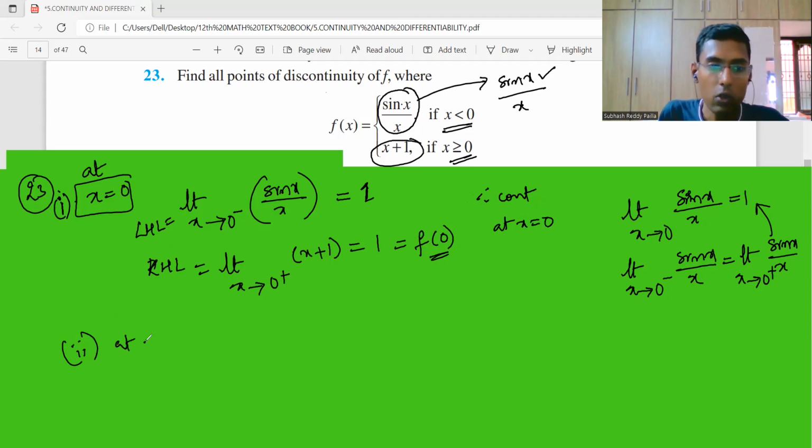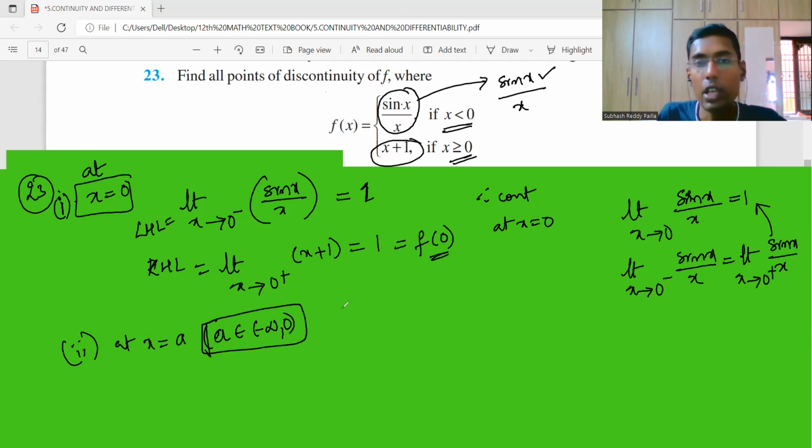Here at x equal to a, where a belongs to minus infinity to 0. Any point it can be. Like this we have to check. You understood? Then what will happen here is, limit x tends to a plus or a minus I need not take, because for a plus or a minus, this is only sin x by x, f of x.